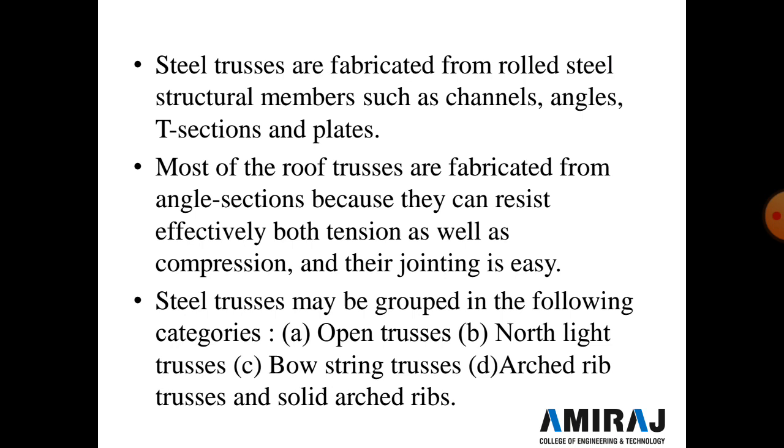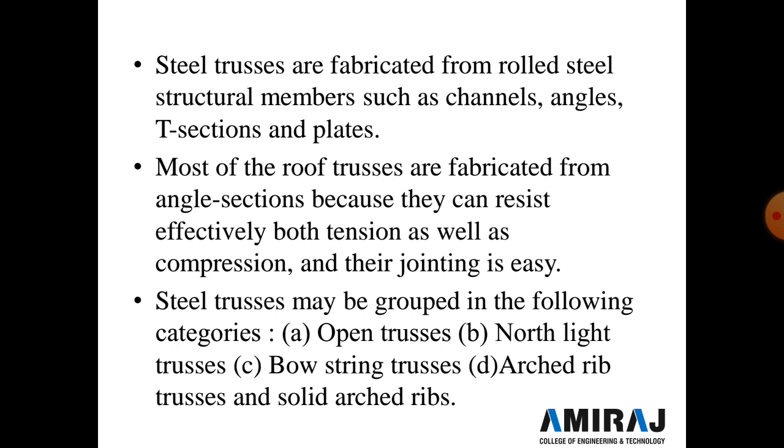Steel trusses are fabricated from rolled steel structural members such as channel, angle, T section, H section, C section or plates. Most roof trusses are fabricated from angle sections because they effectively resist both tension and compression, and their joints are easy.